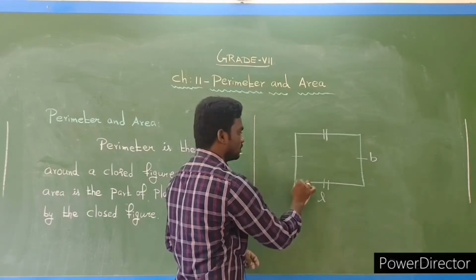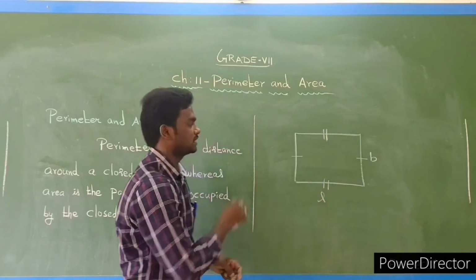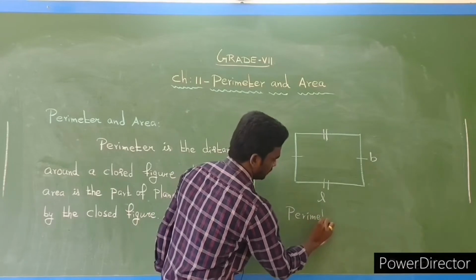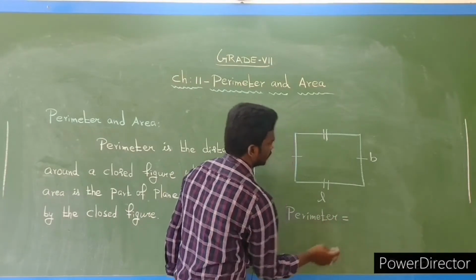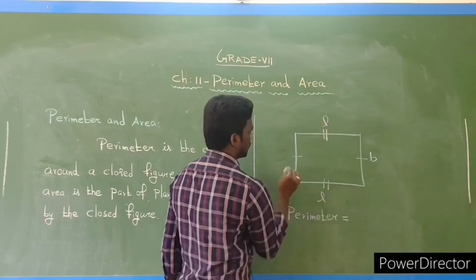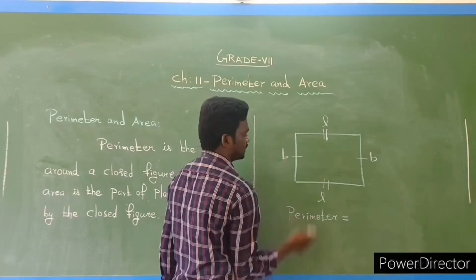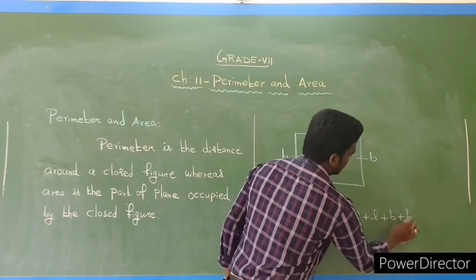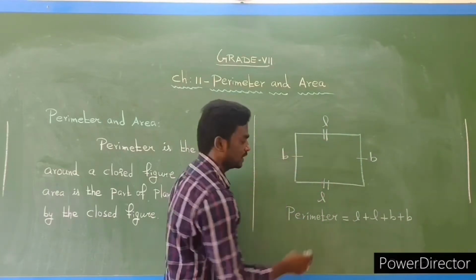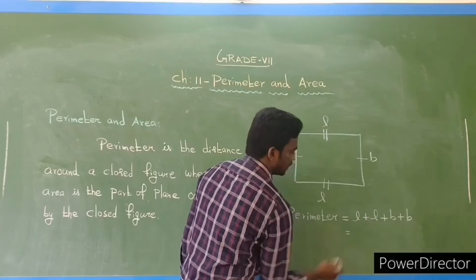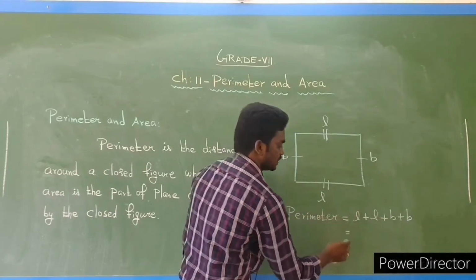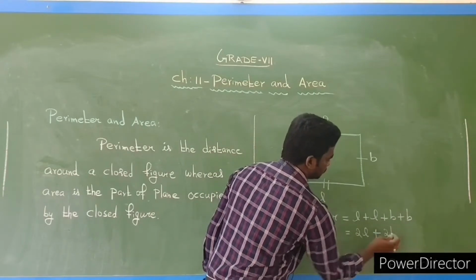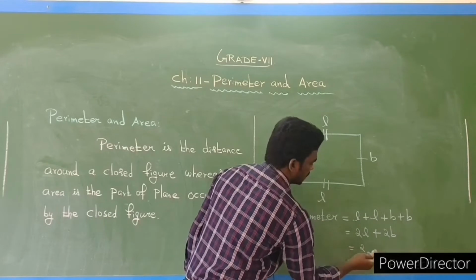Perimeter is the length of the boundary. That means the sum of the lengths of its sides. Perimeter is the length of the boundary, which is equal to what? This side is L, and this side is also L, and the breadth sides are B plus B. So, L plus L plus B plus B. That means the sum of all the sides of a rectangle is called the perimeter of the rectangle, which is 2 times L plus 2 times B, where 2 is the common value for these two.